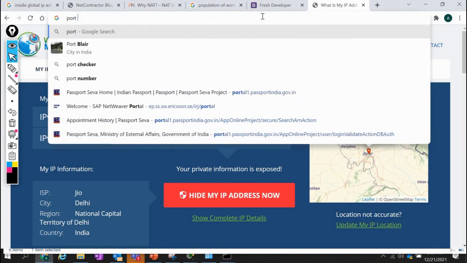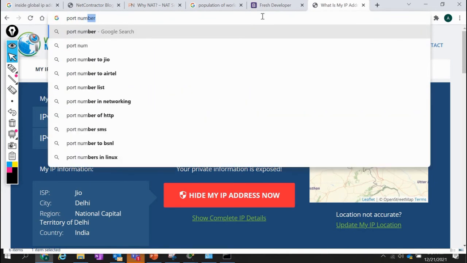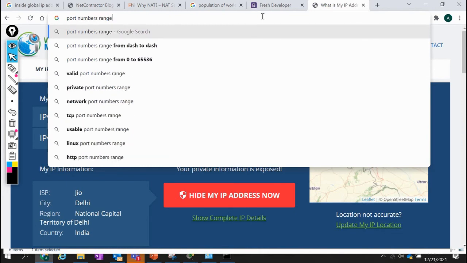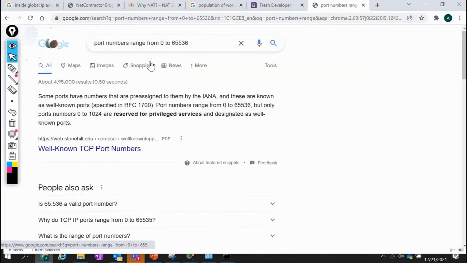Port numbers range. Yeah, 65,536. The port number range is this, right?